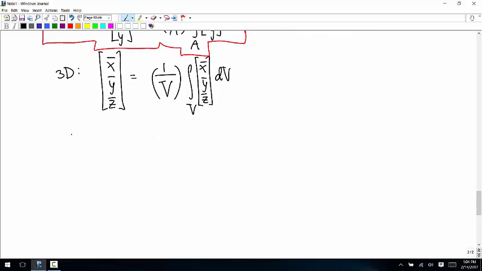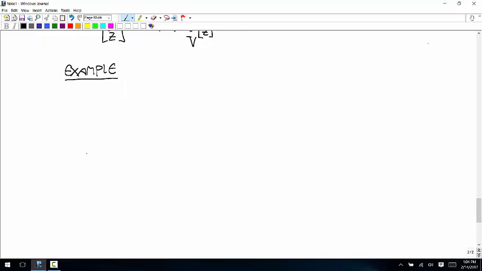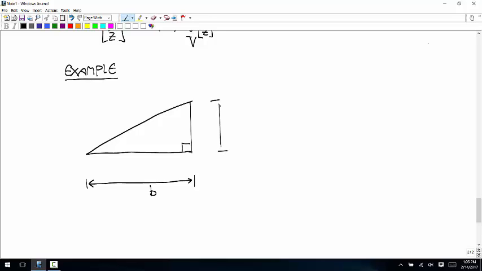So let's say that we have this right triangle, where this length is B and this length is H. And I'll put the coordinate system over here.